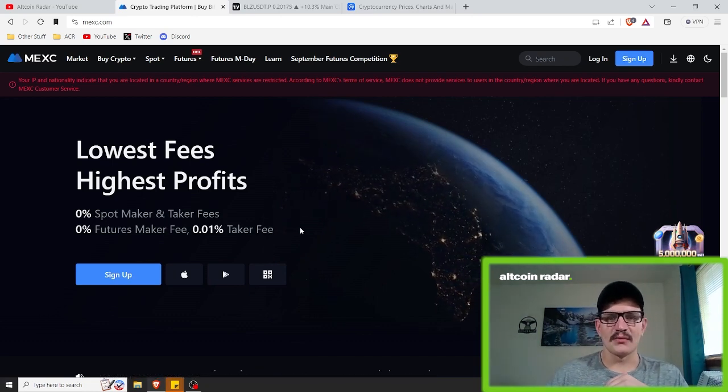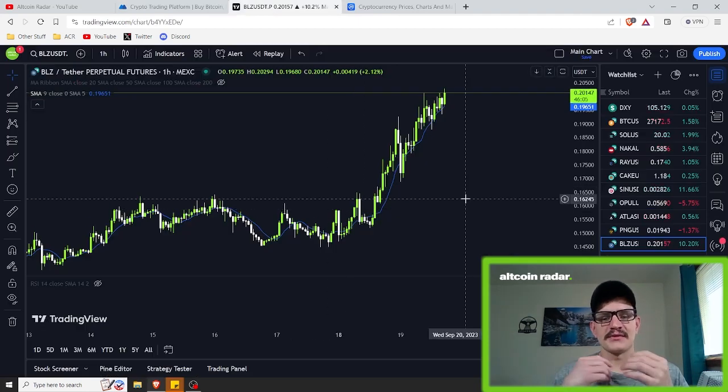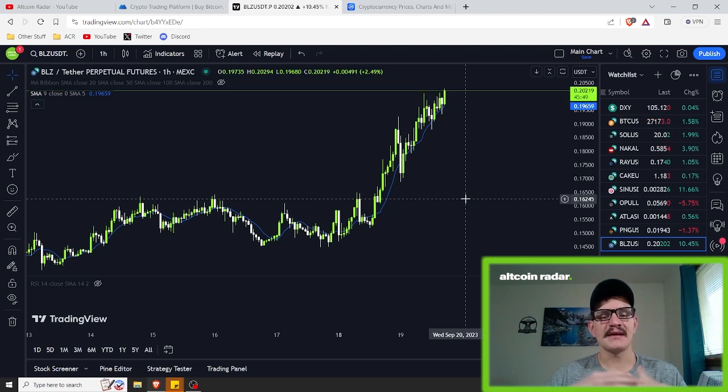All right, guys, so if you are not familiar with the simple moving average, it's basically a widely used technical indicator for trading that calculates the average price of an asset over a specified period of time by summing up the closing prices for each period and dividing it by the number of periods.